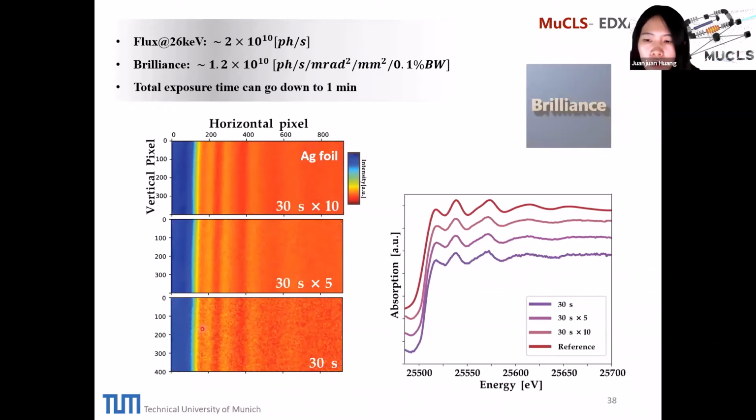So even with only one exposure frame, the oscillation fringes here are still clearly resolved, and the statistics can also be improved by selecting a bigger polygon region of interest or by some image processing. And therefore, together with another I0 measurement, it's possible to still get good spectral quality with a total exposure time of 1 minute or even less.